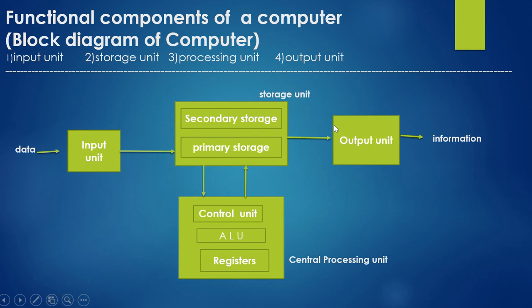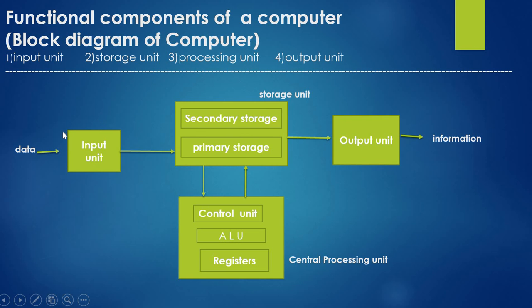Then this output unit accepts that result and converts it into human understandable form. Here the result will be in a binary form. That binary form a human cannot understand. That is why this output unit converts that binary form into human understandable form. Okay.